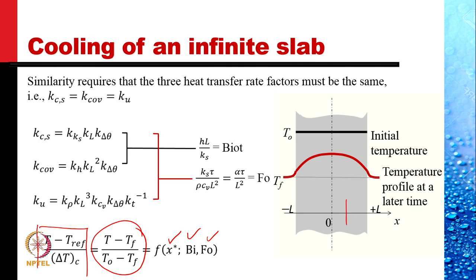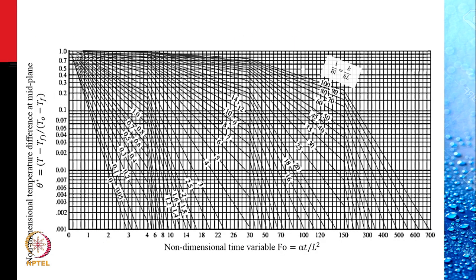One, a factor where we determine this function at x star equal to 0, and we multiply this by a correction factor which depends upon x star and Biot number, hopefully. The first one is given by what is termed as the Heisler chart.